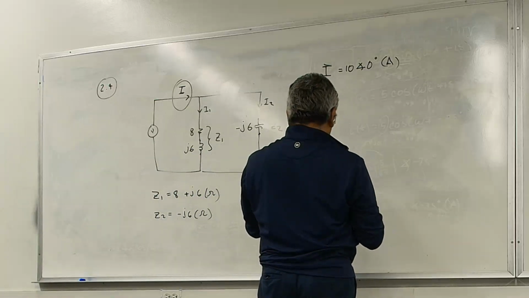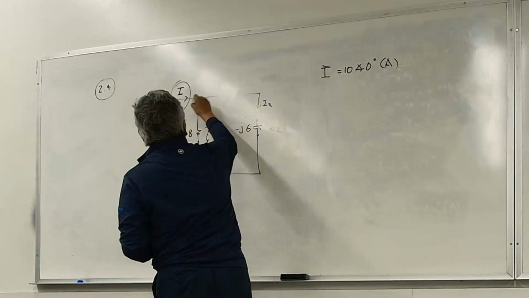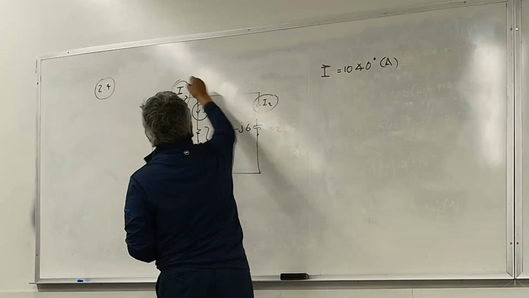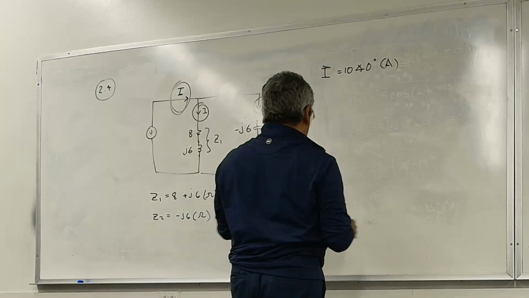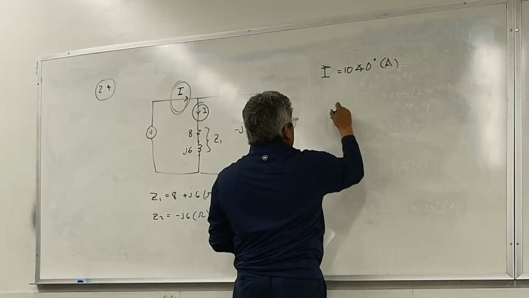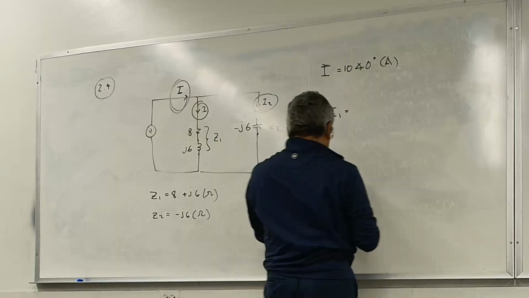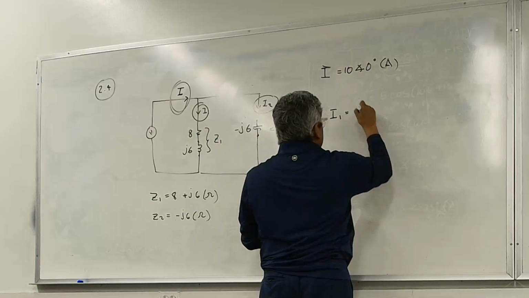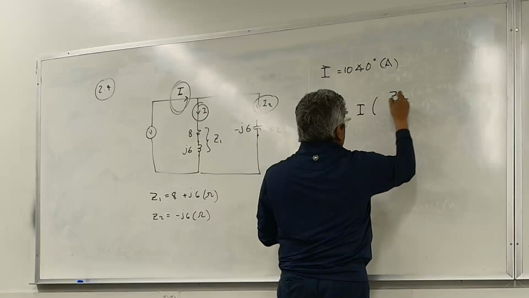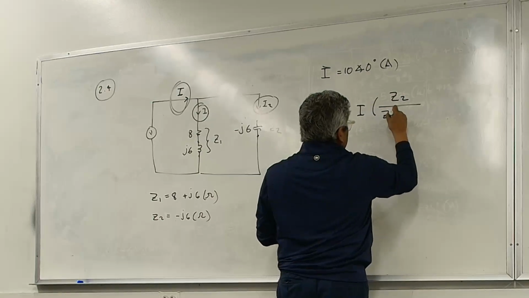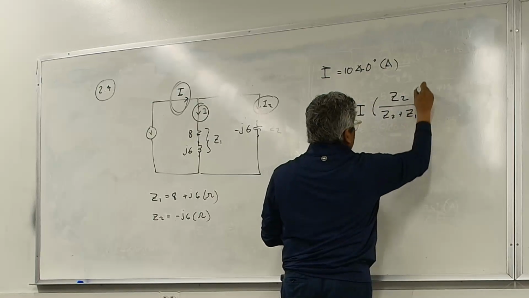So how do we find I1 and I2 if they're giving us this and they're giving us the impedance? So we use the current divider equation. I1 is equal to I times Z2 divided by Z2 plus Z1.